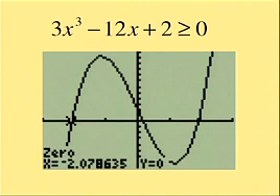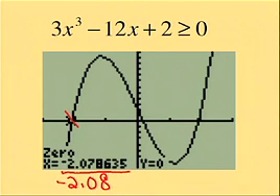Well, the first thing we do is we find the zeros, and the first one we're finding is right here, and we can see its solution down here, which we would then round to negative 2.08. And that would be the first solution where it intersects the axis. So now let's find this one right here.